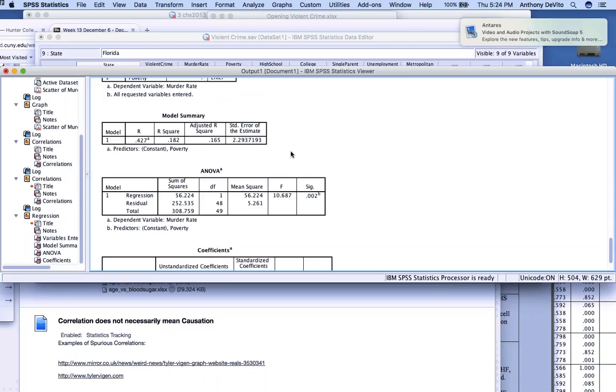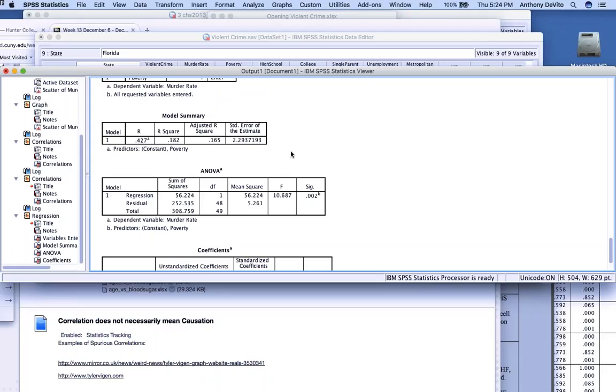What does that tell you? That tells you there are a lot of other things that influence the murder rate. Even though poverty rate does seem to influence it, 80% of the variability is due to other things.